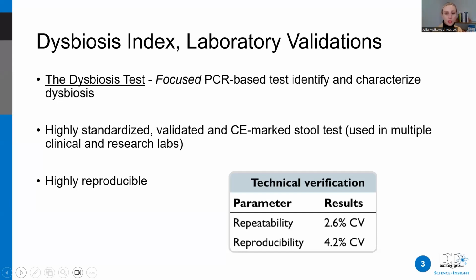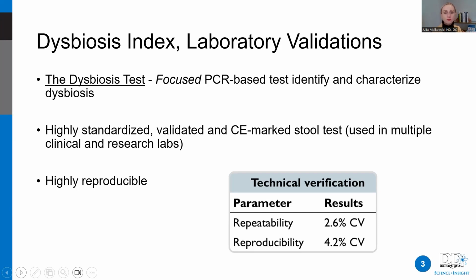The important thing to discuss is that the methodology is laboratory validated. This is a highly standardized, validated, and CE-marked stool test. So when we identify Akkermansia muciniphila, as an example, you know that it has been validated to accurately identify Akkermansia muciniphila. All of that work has been done on the test before it is in your hands and you discuss it with your patients.